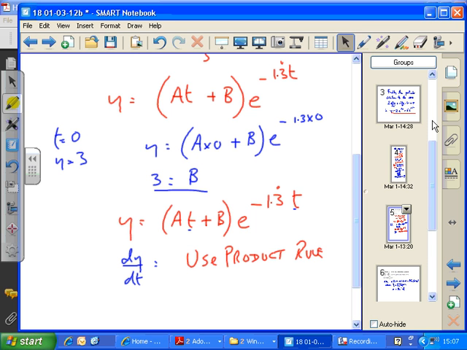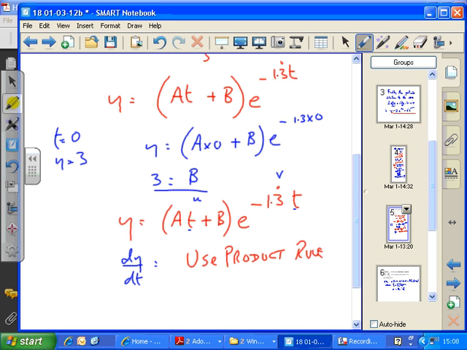Let the bracket at plus b equal u and e to the minus 1.3 t equal v. Remember the idea of the product rule: let one part equal u, the other part equal v. Use it to find the differential, and then put in the initial condition that when t equals 0, the differential equals 3. Have a go at it, see if you can get the answer, and we'll start with that next week.